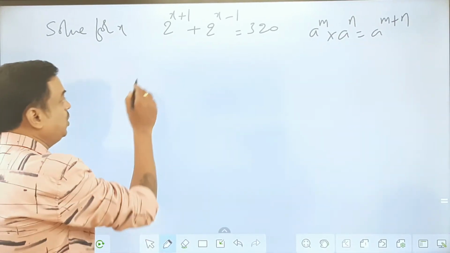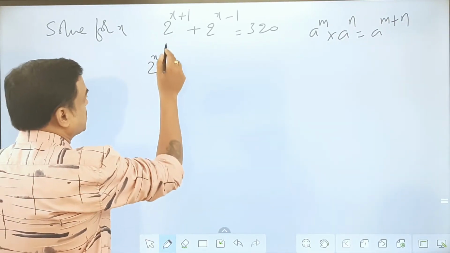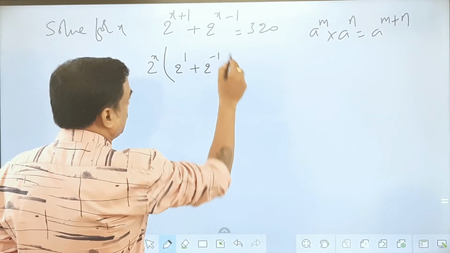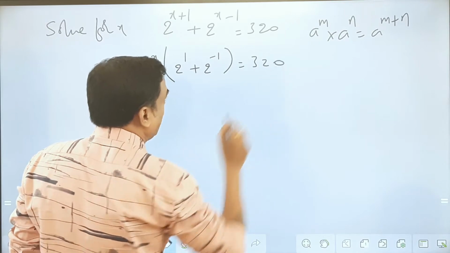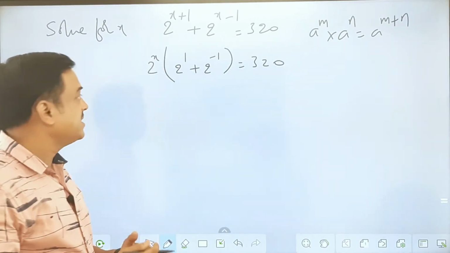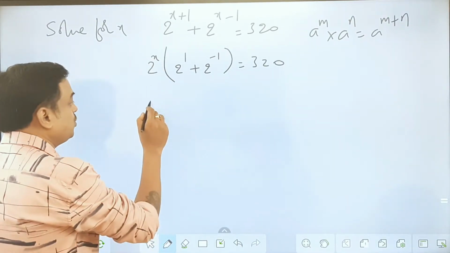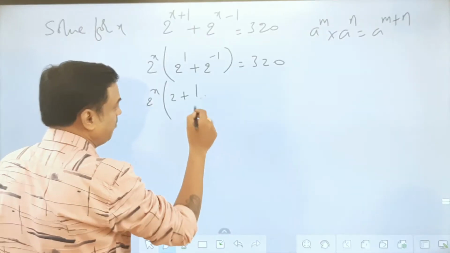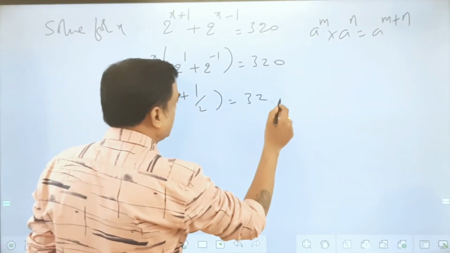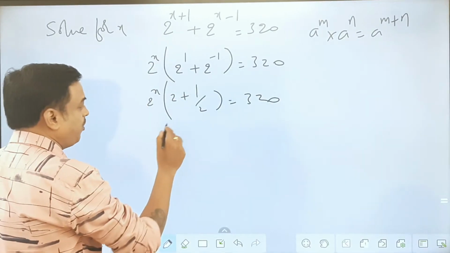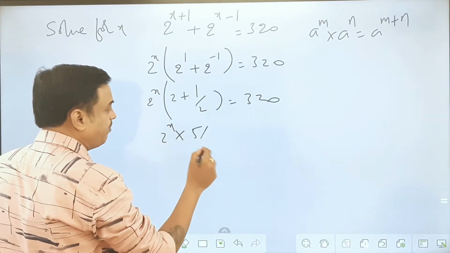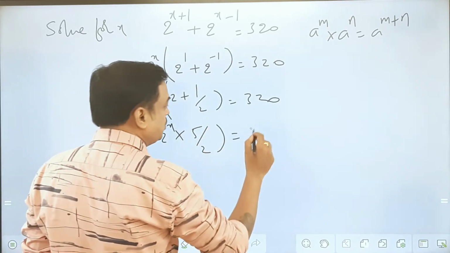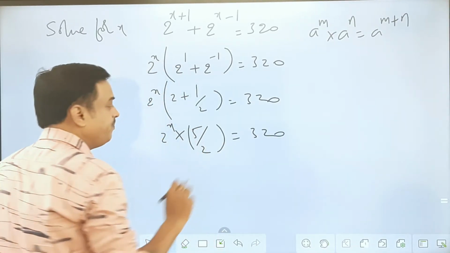So what I can do is take 2 to the power of x common, keeping 2 power 1 plus 2 power minus 1 in the bracket, and this is equal to 320 as given to us. Now 2 to the power of x into, this is 2 plus 1 by 2, is equal to 320, so 2 to the power of x into 5 by 2, you know how to do this LCM and all, equals 320.